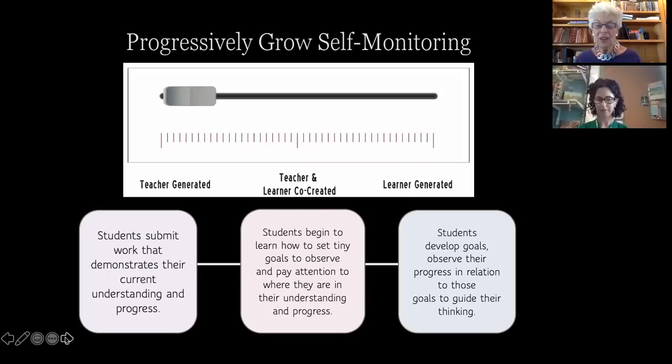In her kindergarten class, she had them draw a picture of what they were going to do first, second, and third, and they created a flow chart of it so that they learned how to actually see themselves and how they were going to move from one thing to another.